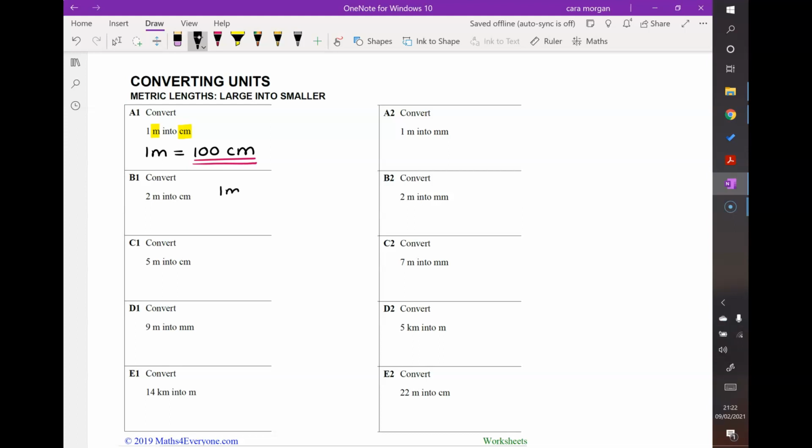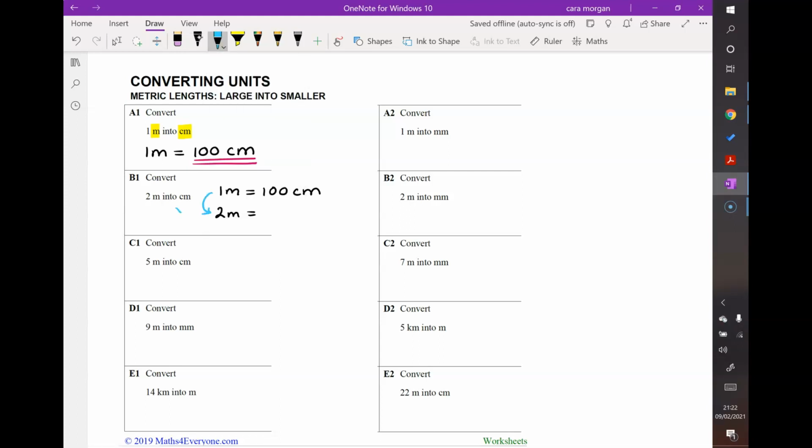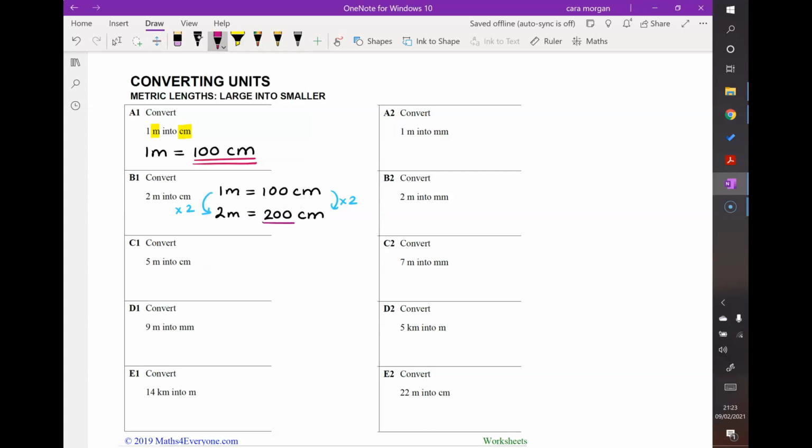Well, if I know that 1 metre is 100 centimetres, to work out 2 metres, well, that's just going to be twice as big. So I'm going to multiply both sides by 2. I quite like this method because it sets it all out very clear for me. So that answer there should be 200 centimetres.